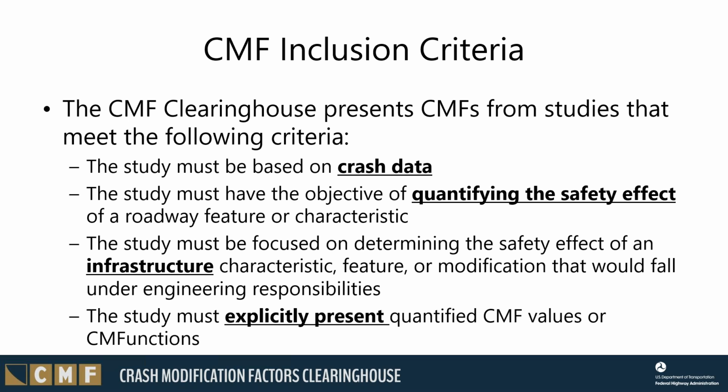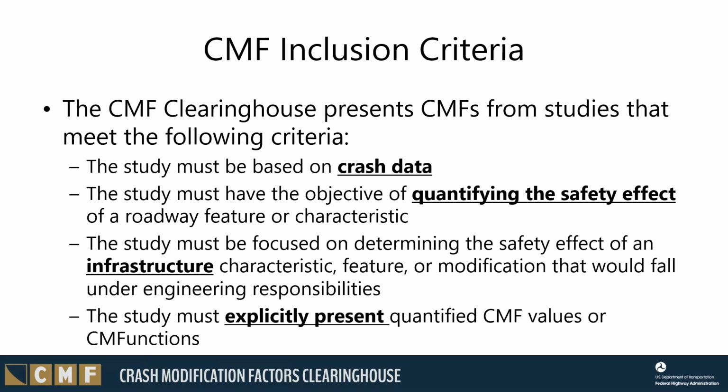First and foremost, the study must be based on crash data. I know there's a lot of work and research in the area of surrogate measures, but for now, we are currently not capturing that information in the clearinghouse. So only crash-based studies are eligible for inclusion.